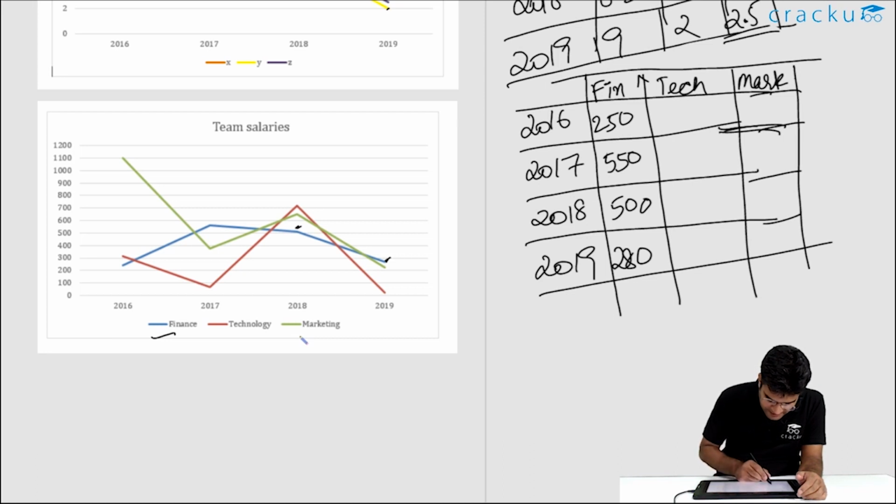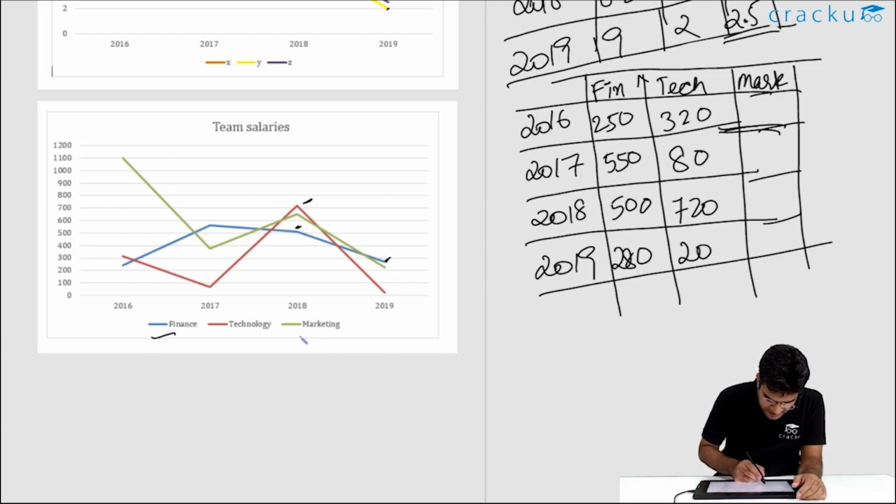Now if you are looking at tech, that is the orange reddish line. In 2016 it is close to 320. In 2017 it dropped a lot, it has come to around 80. In 2018 it is over here, so this is close to 720. In 2019 it has dropped a lot, so let us assume that it's roughly 20.